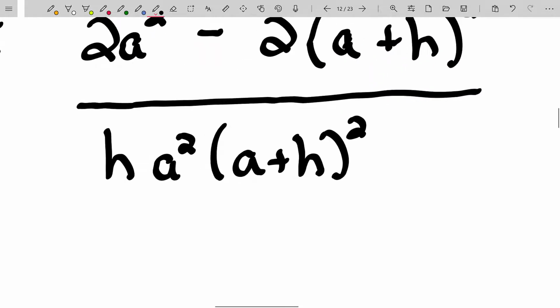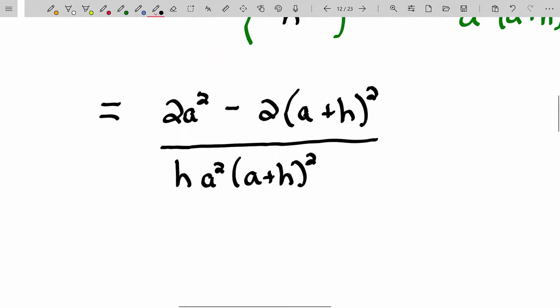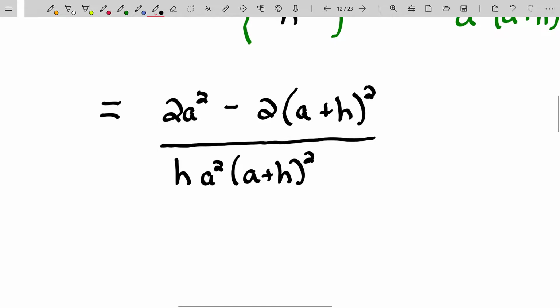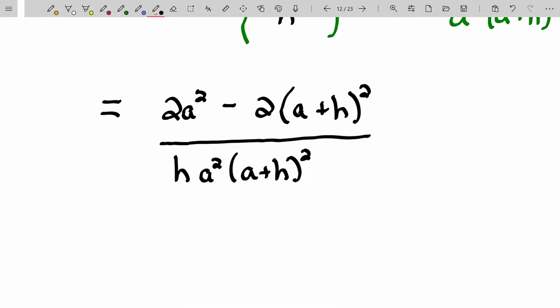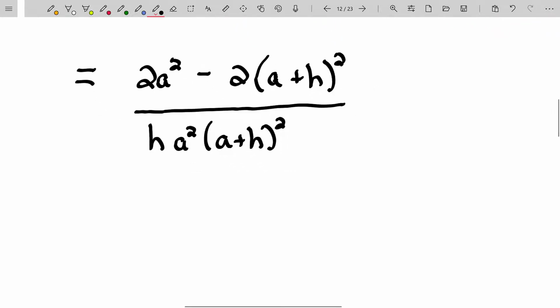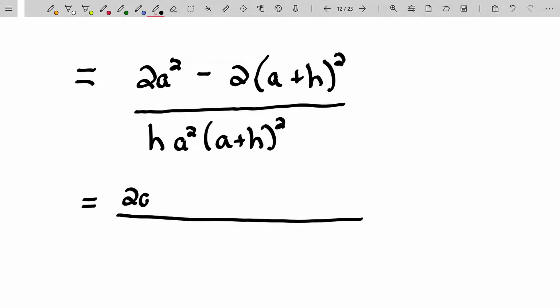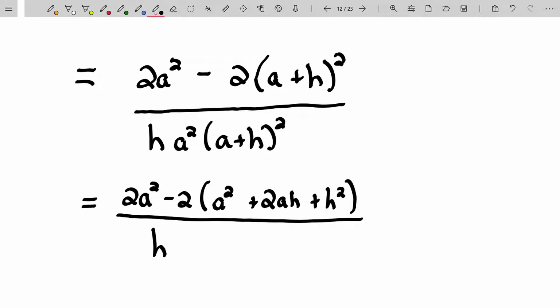Again, leave denominators factored, but in the numerator, I would highly recommend factoring or distributing, whatever you can do here. And I think most students are going to do this, so I will go ahead and do this. You can write this as 2a squared minus 2 times (a squared plus 2ah plus h squared), and this is all over h a squared times (a plus h) squared.